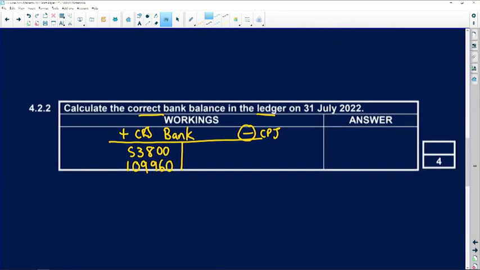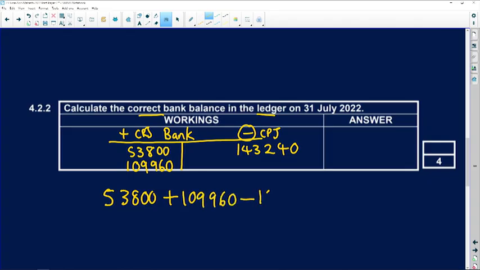our cash payments total, 143,240. Right, remember guys, I'm obviously showing the ledger, but you don't have to. You can always show a sum. So 53,800 plus 109,960 minus 143,240.